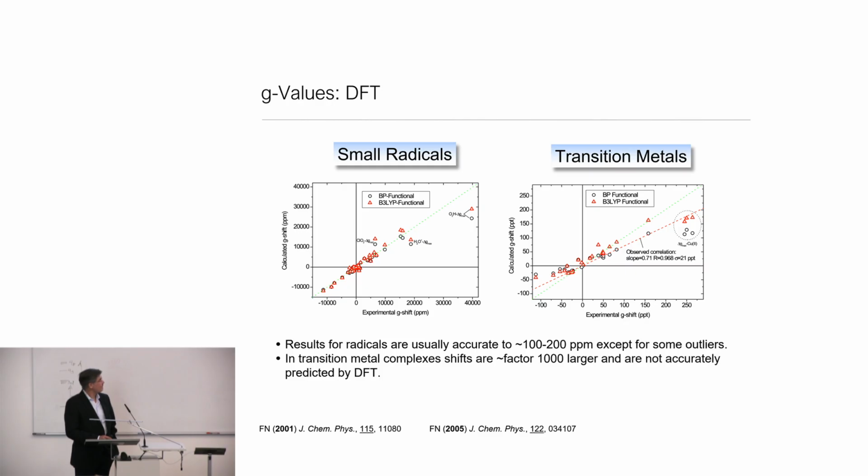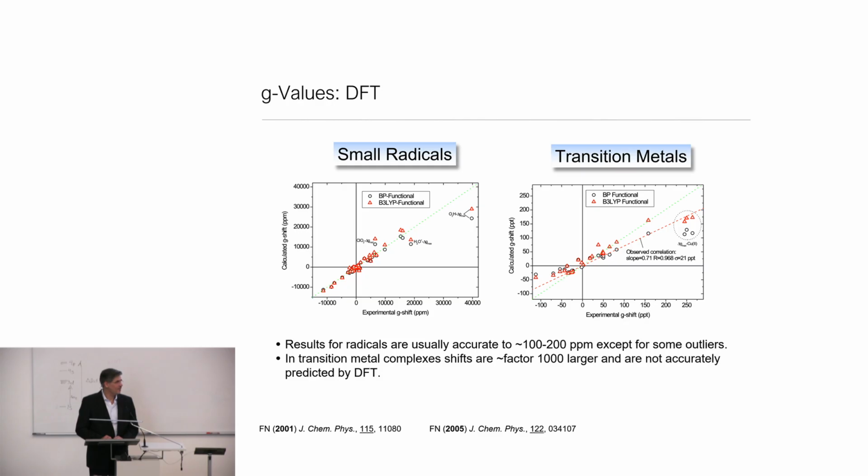They tend to be better from QDPT, unless you have quite a lot of covalency in the metal-ligand bonds, and then the QDPT is bad and the DFT is bad, and you don't have any method that is producing proper numbers. Coupled cluster is, but G-tensor calculations with coupled cluster are not yet applicable to large molecules.